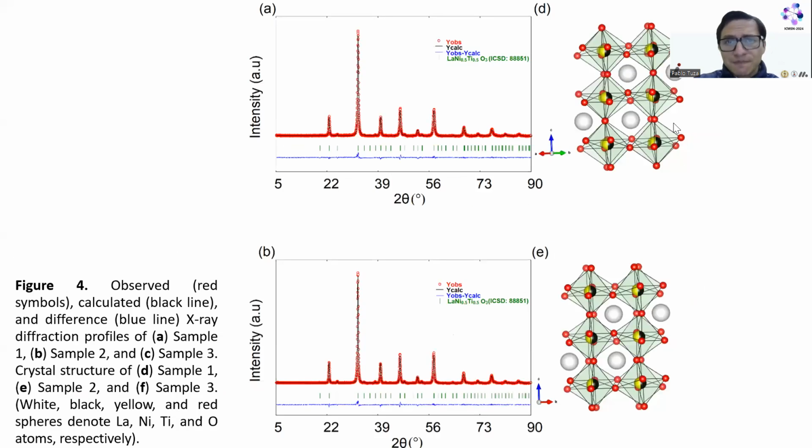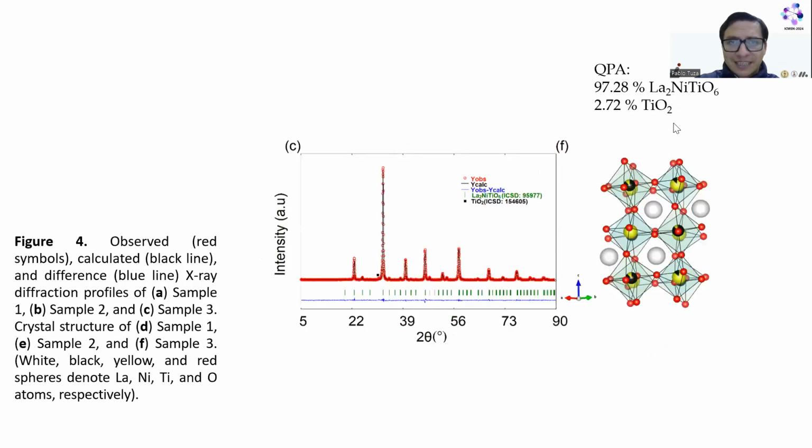By using the Rietveld method, it was determined that the symmetry was orthorhombic and the space group was PBNM for the case of sample 1 and sample 2, while for sample 3, the symmetry was monoclinic with P21/N space group.